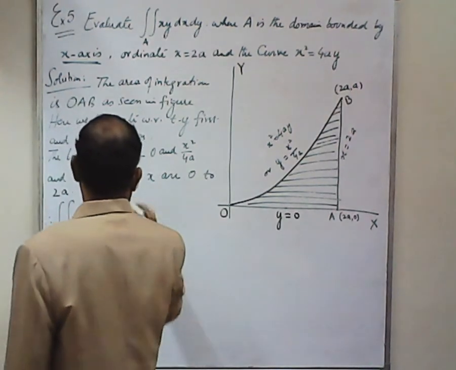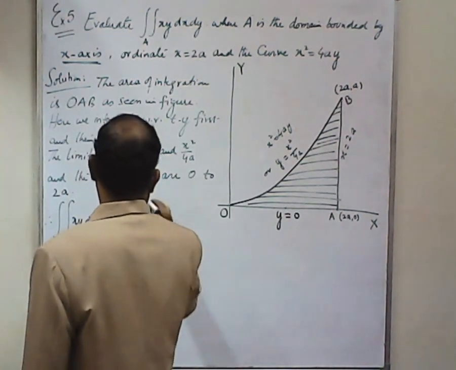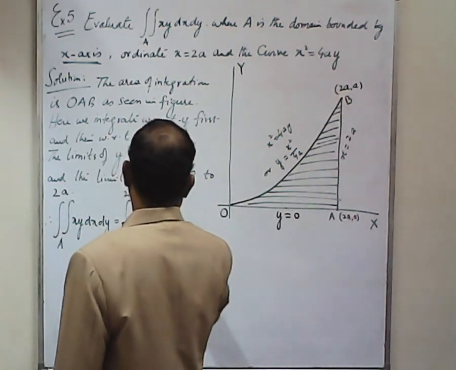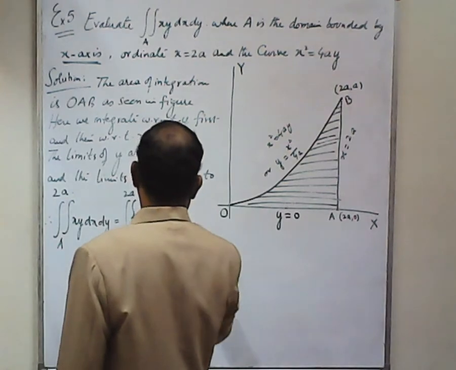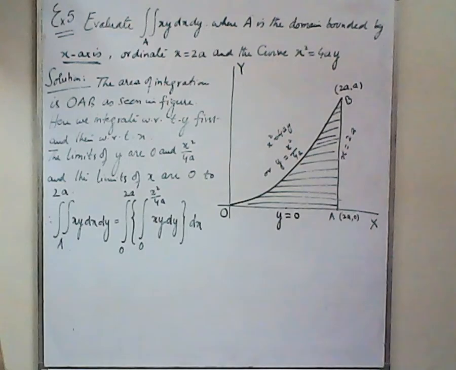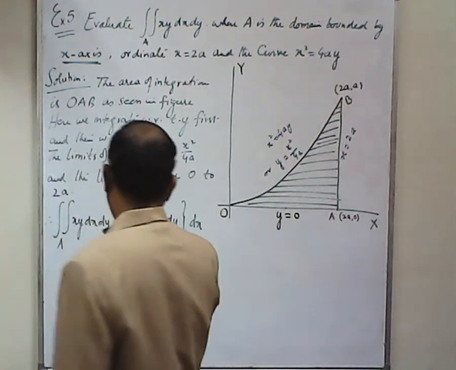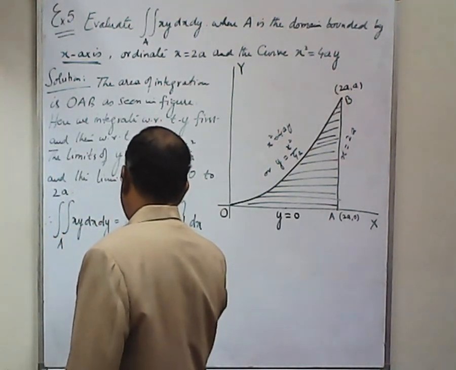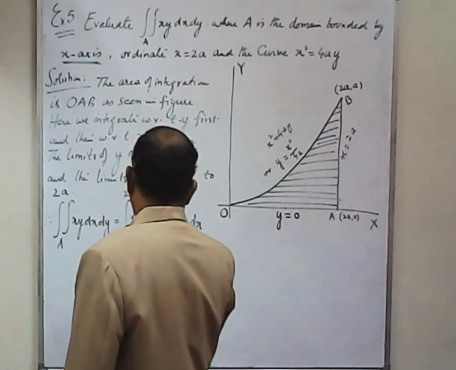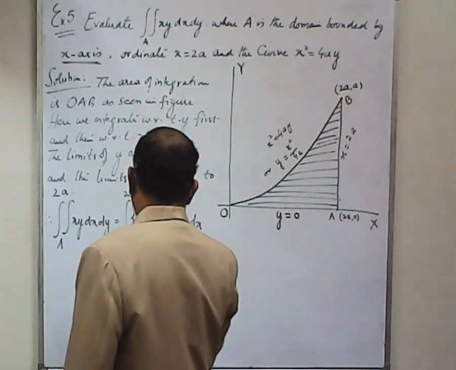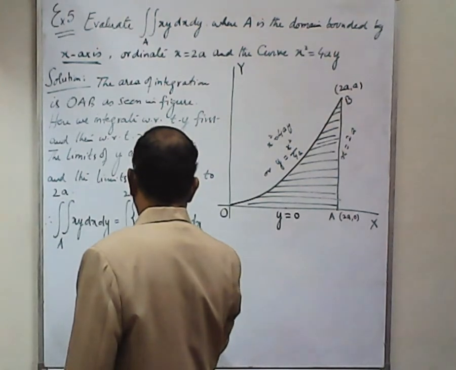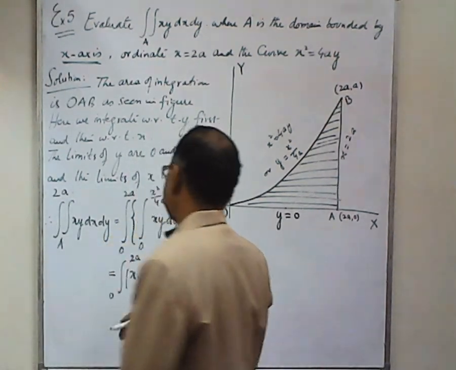Therefore, when we integrate this entire region, we will write the integral from 0 to 2a, then 0 to x square upon 4a, of xy dy dx. Now again, as we did in the previous example, we have x into y square by 2, with limits 0 to x square upon 4a, dx.